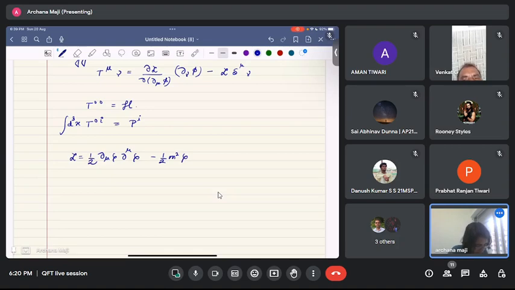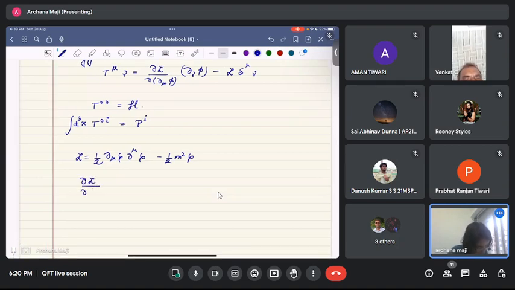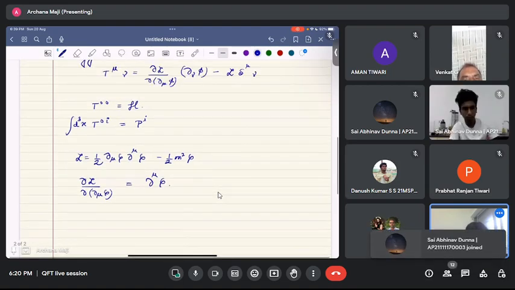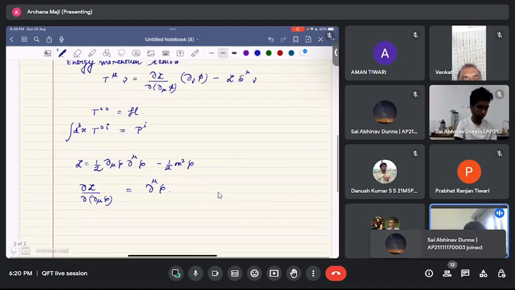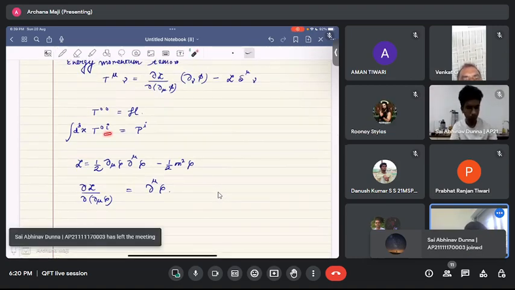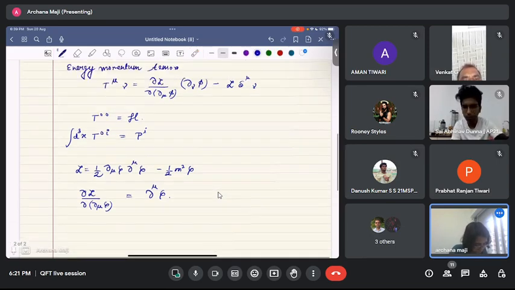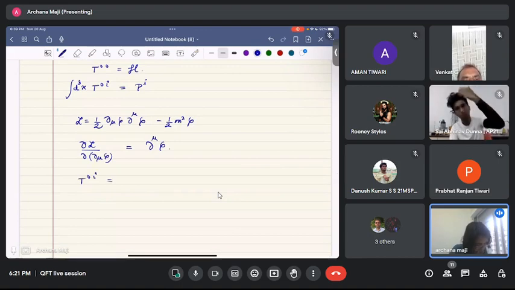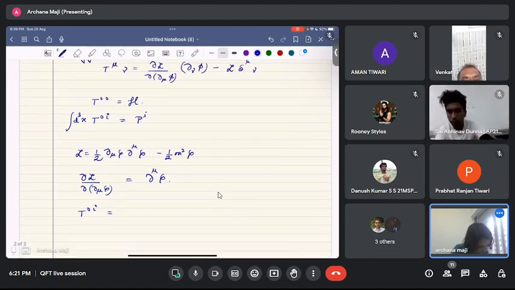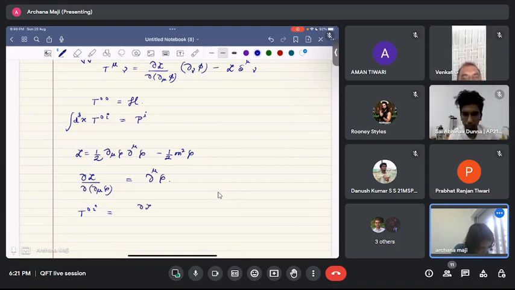So when we write down the T0i component, this term will vanish, and we get T0i equal to del 0 phi times del i phi.